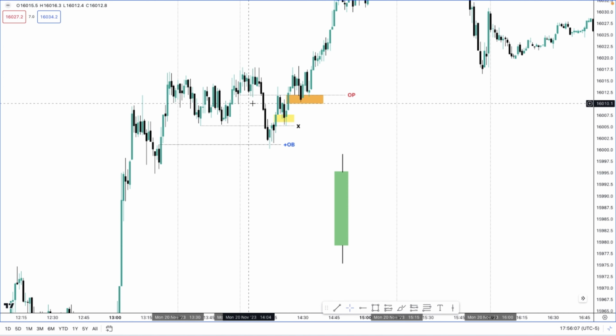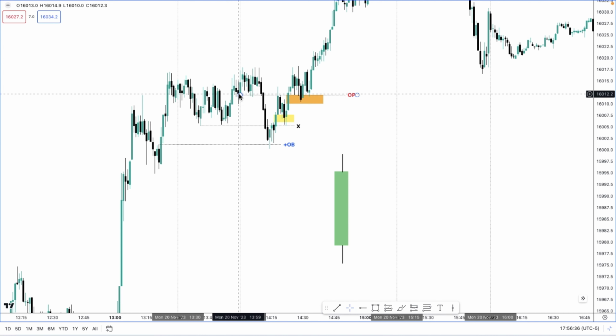You don't want to be looking at this first 30 minutes if you're interested in trading the PM session silver bullet. Now, immediately when you open your chart, it's gonna be 2 p.m. You're gonna have this first 30 minutes on your chart, from 1:30 to 2 o'clock.